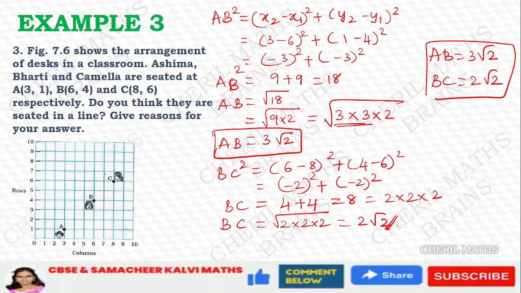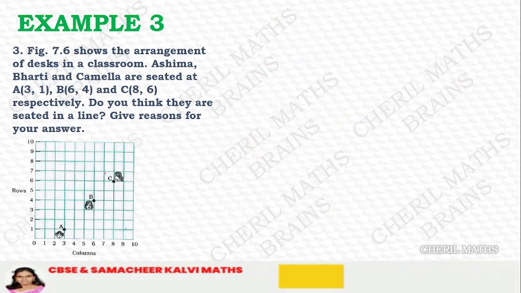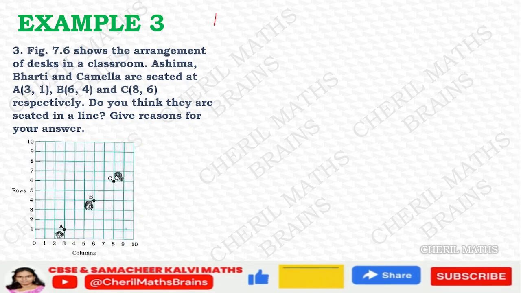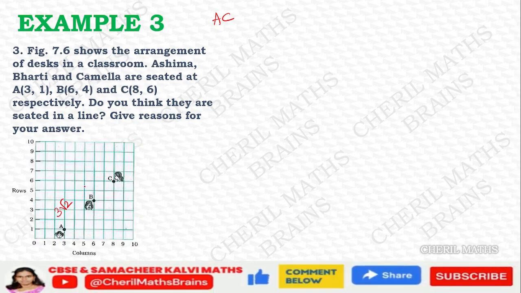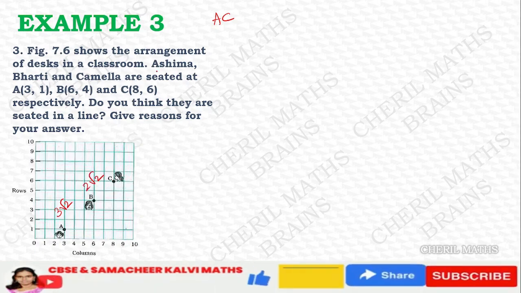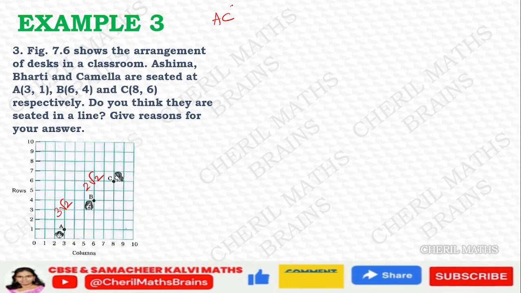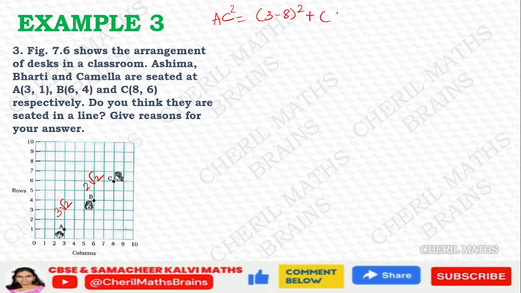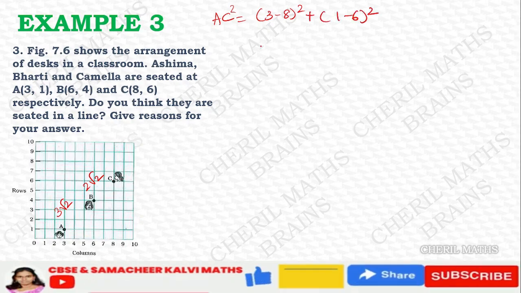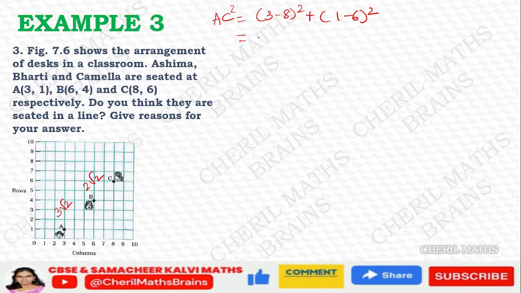Next we have to find AC. AB is 3 root 2, BC is 2 root 2. So now let's do it for AC. AC square I'm going to write first. So it will be (3 minus 8) the whole square plus (1 minus 6) the whole square. So what will it be?